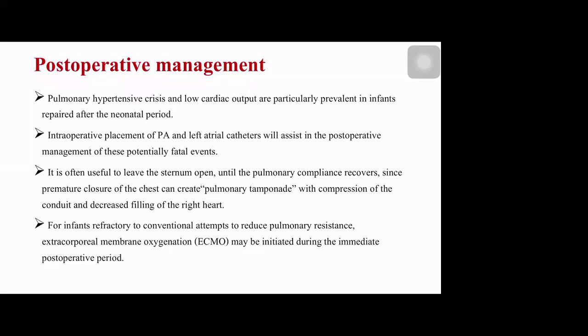It is often useful to leave the sternum open, the chest open, until the pulmonary compliance recovers, since premature closure of the chest can create pulmonary tamponade with compression of the conduit and decreased filling of the right heart. For infants refractory to conventional attempts to reduce the pulmonary resistance, ECMO may be initiated during the immediate post-bypass period.